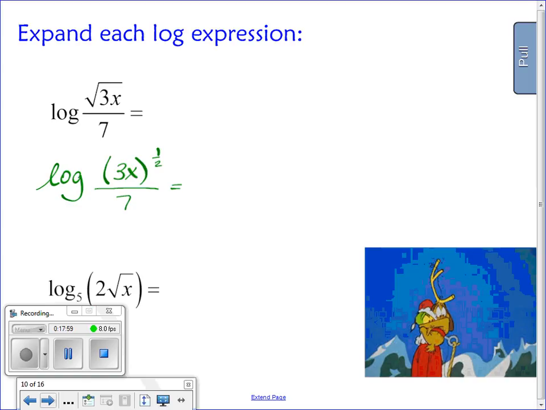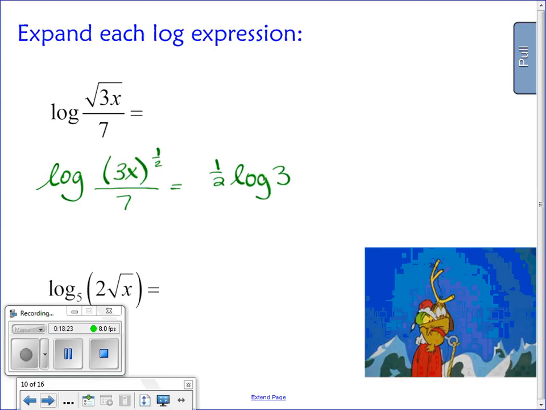Before we even start expanding this, we have a multiplication on the top, and we have a division going on. So we got a lot of properties all working together. On the top, what's the first thing I'm going to write? 1/2 log of 3. I got to split this whole thing apart.